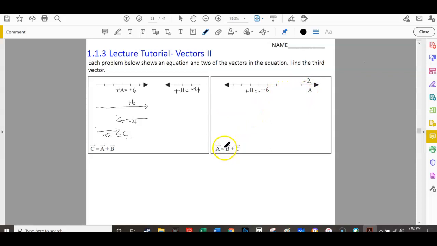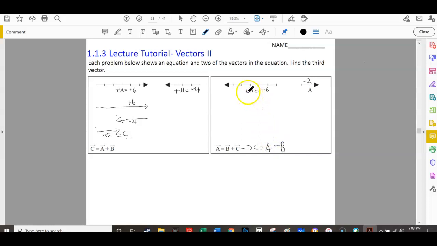Okay, well, what they're wanting is to get what is the c vector. So you have to get the one unknown vector here. So here you have to find out what the c vector is, and to get c, you have to subtract b from a.